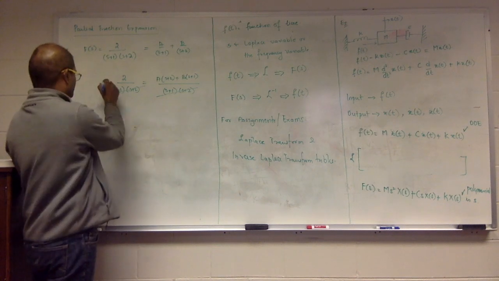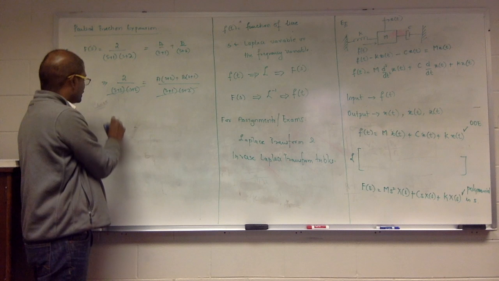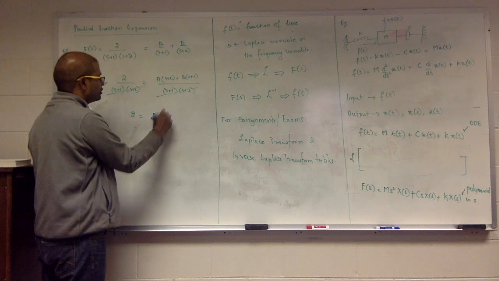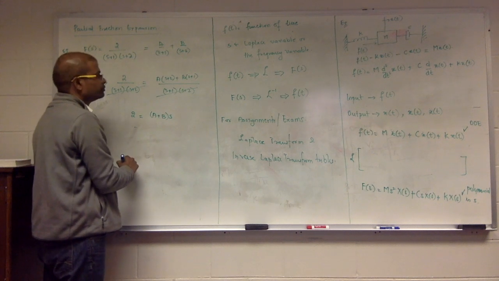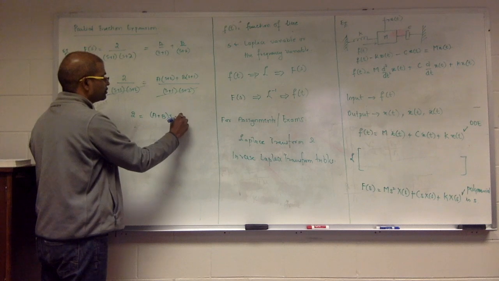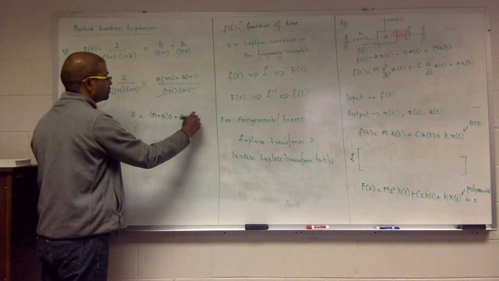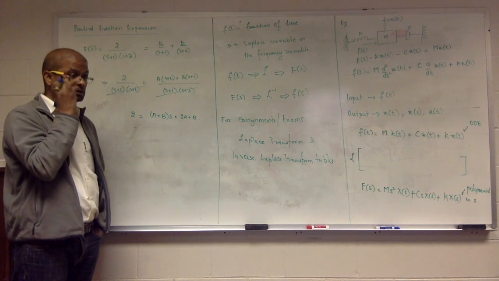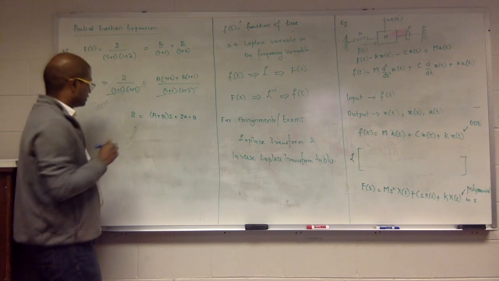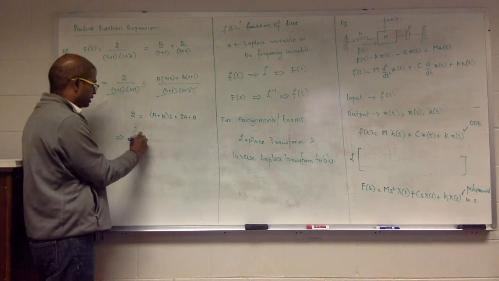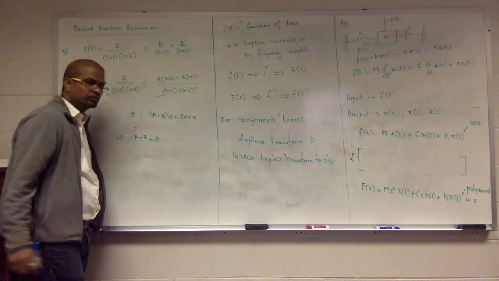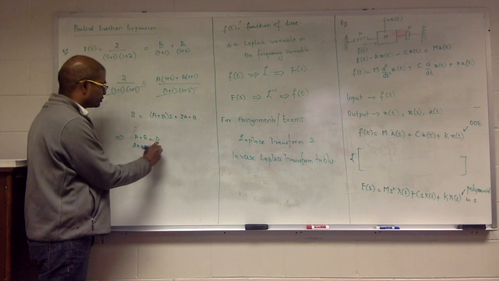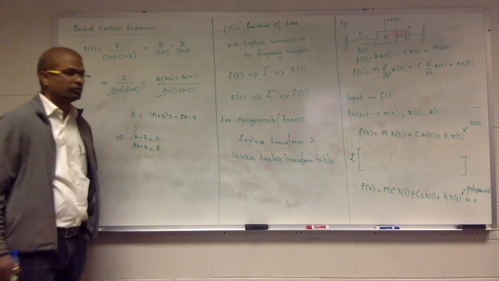So now you can say 2 is equal to (A plus B)s plus (2A plus B). You with me? Yes, sir. So look at this. This implies A plus B is equal to 0, and 2A plus B is equal to 2.